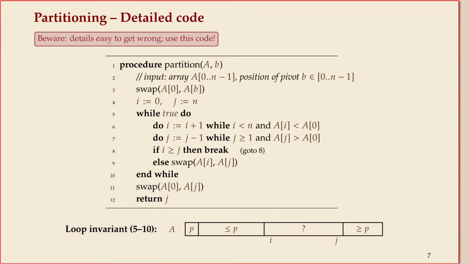Now, it's not ideal. This is the partitioning procedure that describes precisely what I've just shown you in this example. Now, I'm not claiming there's any rocket science going on, but it turns out that this partitioning procedure is very easy to break and get wrong.